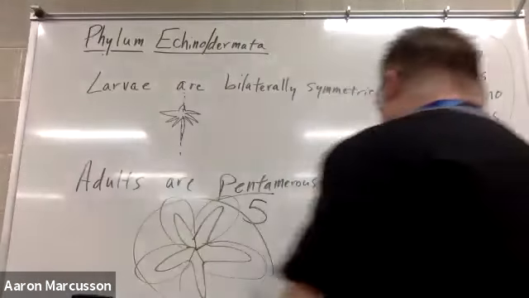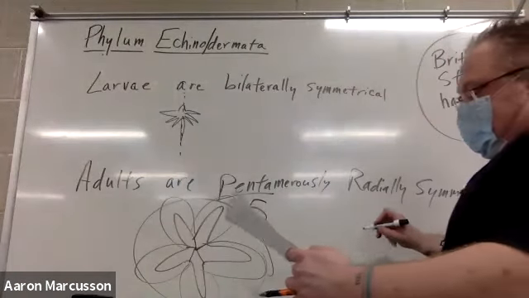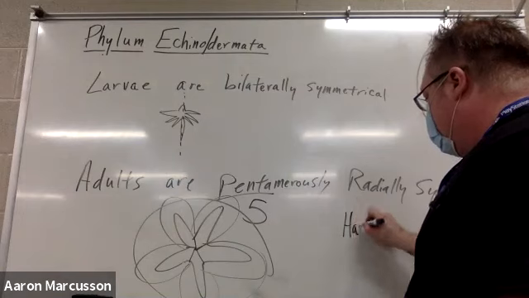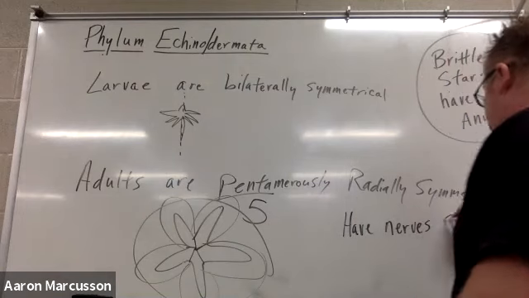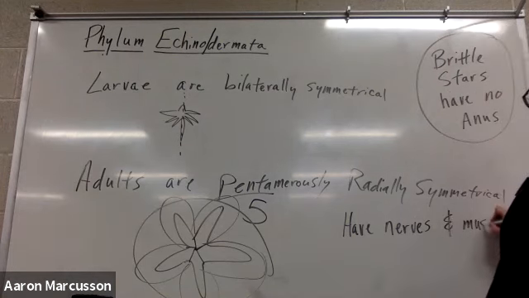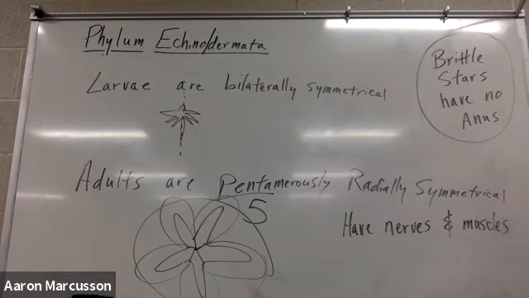All right, so the last little thing. We talked about this with some of the other animals, right? These guys have nerves and muscles. Cnidaria have nerves and muscles. It allows them to sense their environment and to move, okay? Porifera don't. These guys have this in common with Cnidaria.